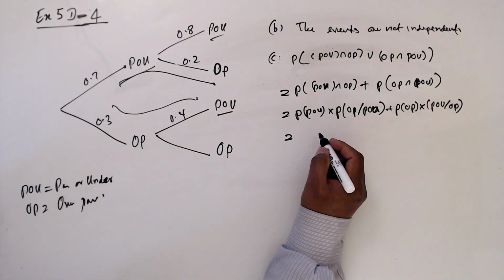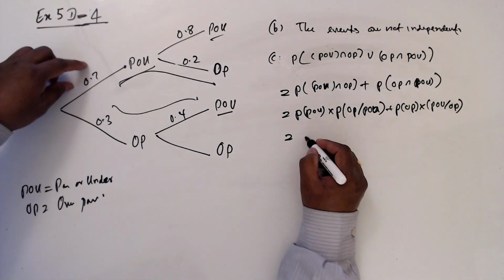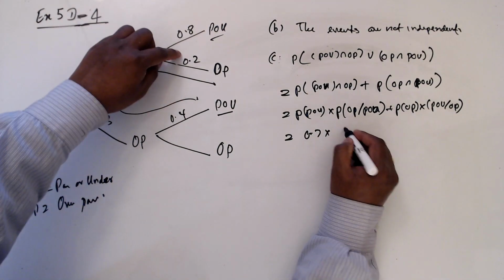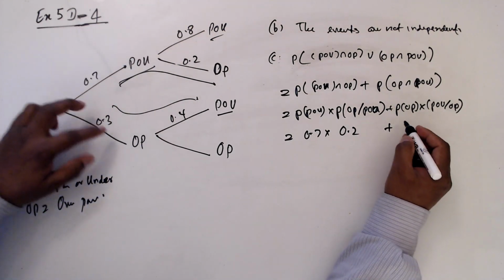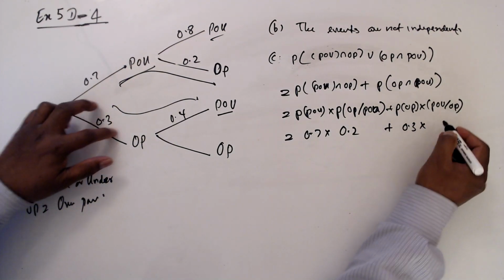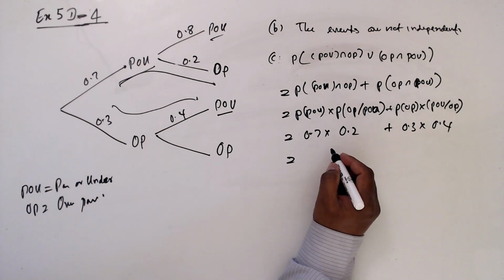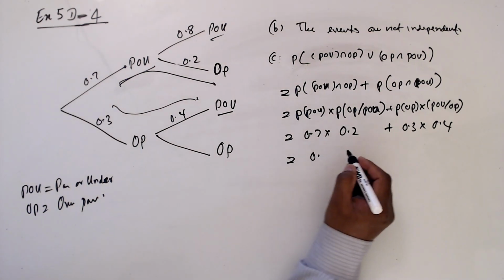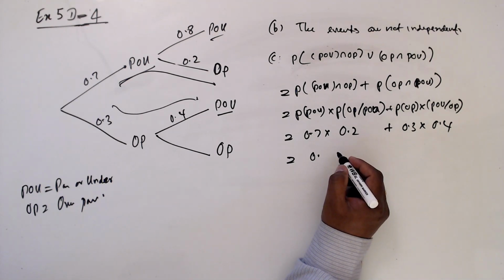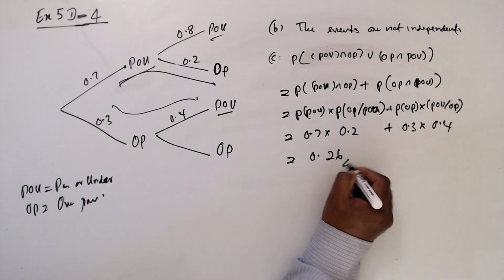Then 0.7 times 0.2 and 0.3 times 0.4. The total is 0.26.